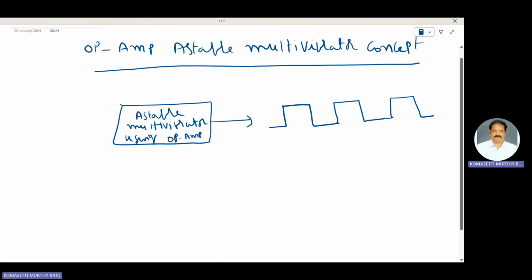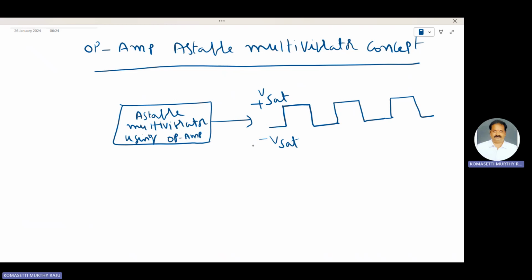An astable multivibrator is a free-running oscillator having two quasi-stable states. Having two quasi-stable states means plus Vsat and minus Vsat. These two are virtual states of the astable multivibrator. There is oscillation between these two states: plus Vsat at one time, minus Vsat at another time.